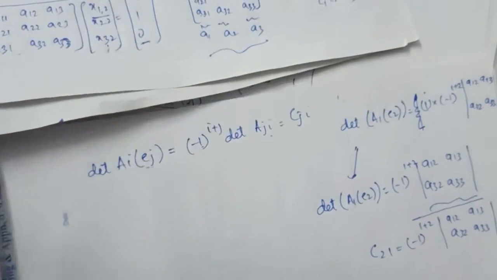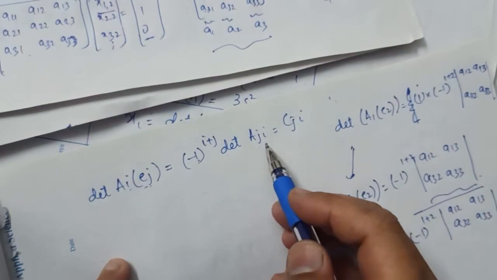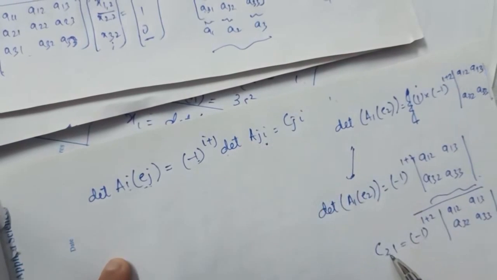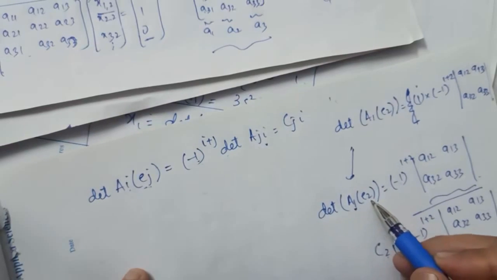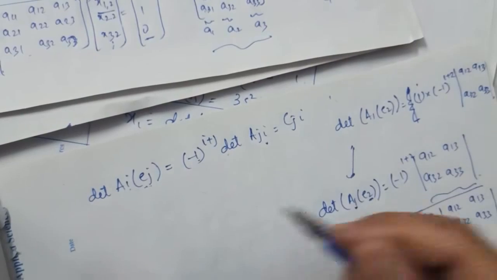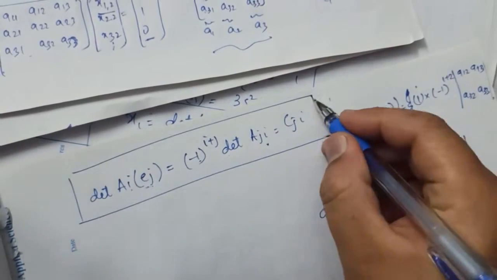Now this is the opposite of how we are dealing with it in this scenario. This is the expansion of C21, but in this case I have the ith column replaced by the jth column of the identity matrix, which is equal to C_ji.